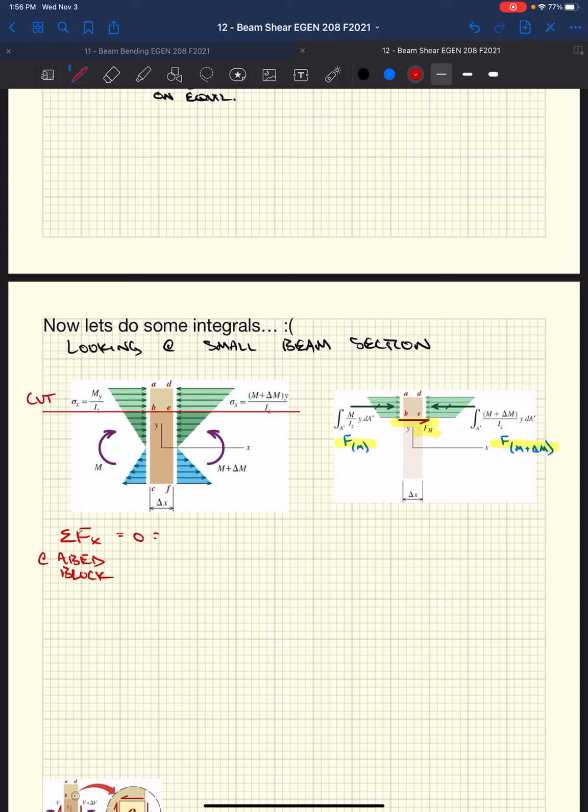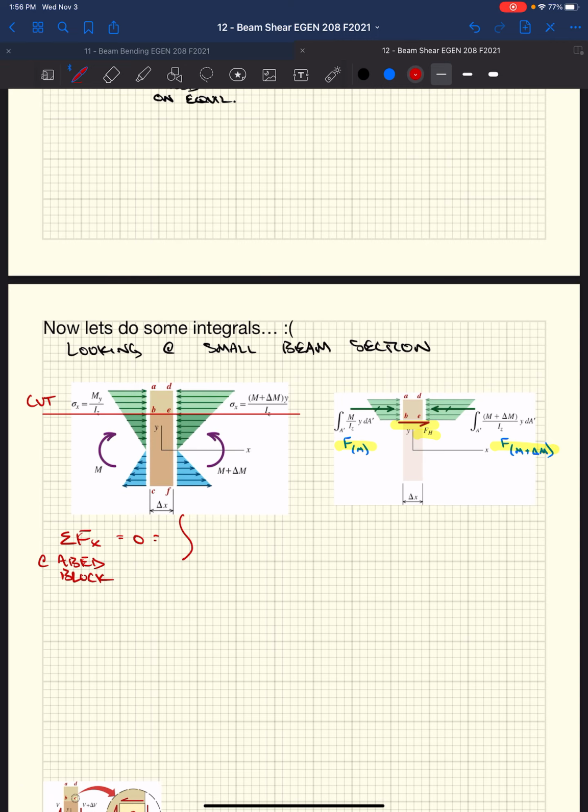and we know because of equilibrium it has to be equal to 0, we're going to say the integral over A prime of M over I_Z times y dA prime, right, minus, so that's acting in the positive x direction, this force, F sub M. If we look at F sub M plus delta M, it's acting in the opposite direction, so it's going to be countering integral.